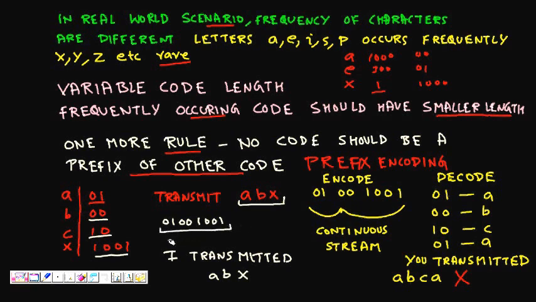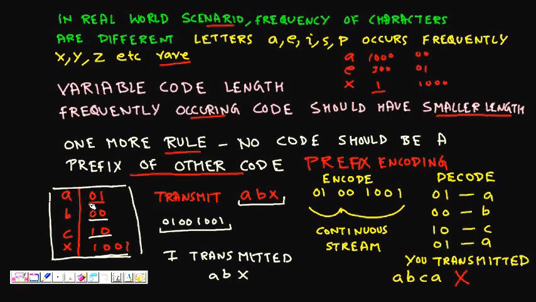Now when someone has received it, he asks his best engineer to decode it, and he gives this table. So what happens? He finds 01 and says, okay, I've got one letter.